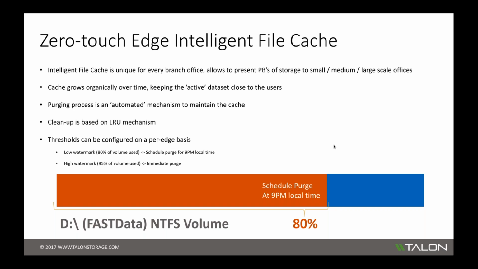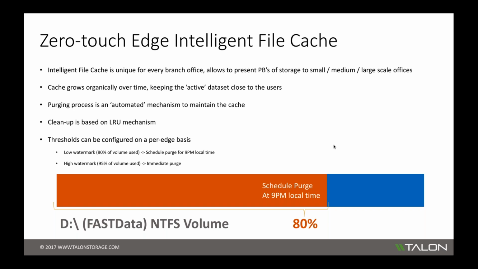It will clean up the stale cache data that sits on the NTFS volume that presents the cache. And as it cleans out that stale data, it frees up space for newly cached, or newly hydrated, data to come in. This is really, really effective. You don't have to worry about continuously adding storage or capacity to your distributed branch offices.